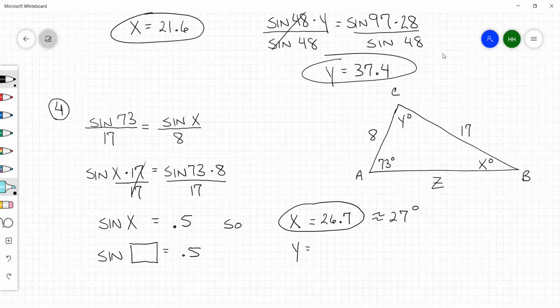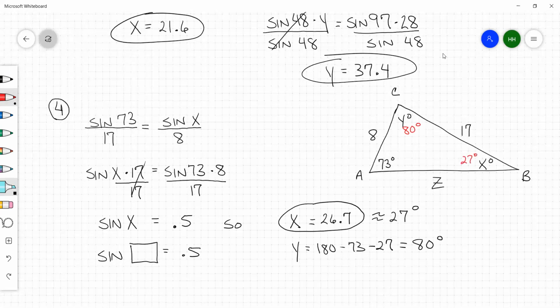So your y is going to be equal to 180 minus 73 minus the 27. 80 degrees. There's your y value. So your y is equal to 80 degrees. Your x is equal to 27 degrees.